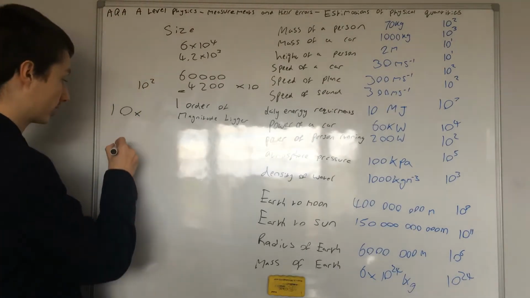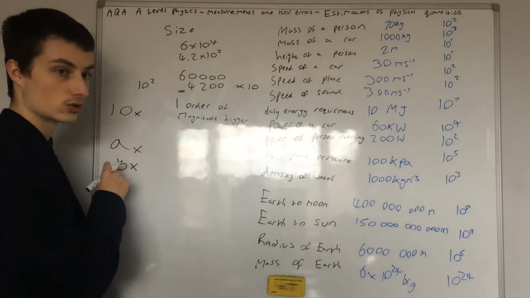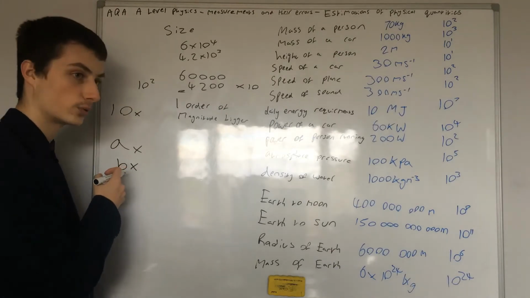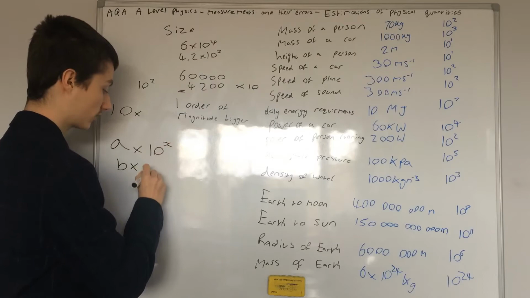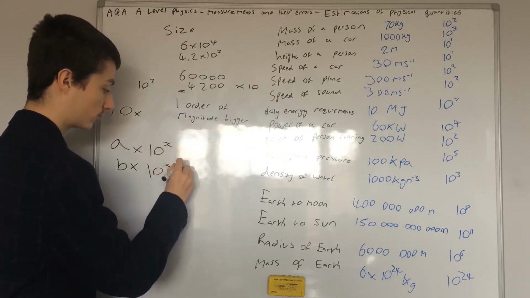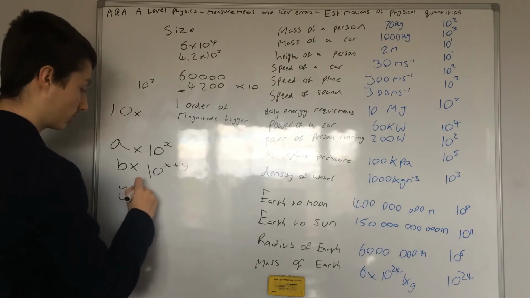Now let's write this algebraically. In this case, it doesn't matter what A and B are, as long as they're between 1 and 10 in standard form. That's 10 to the x, and this is 10 to the x plus y. In this case, the bottom number is y magnitudes bigger.